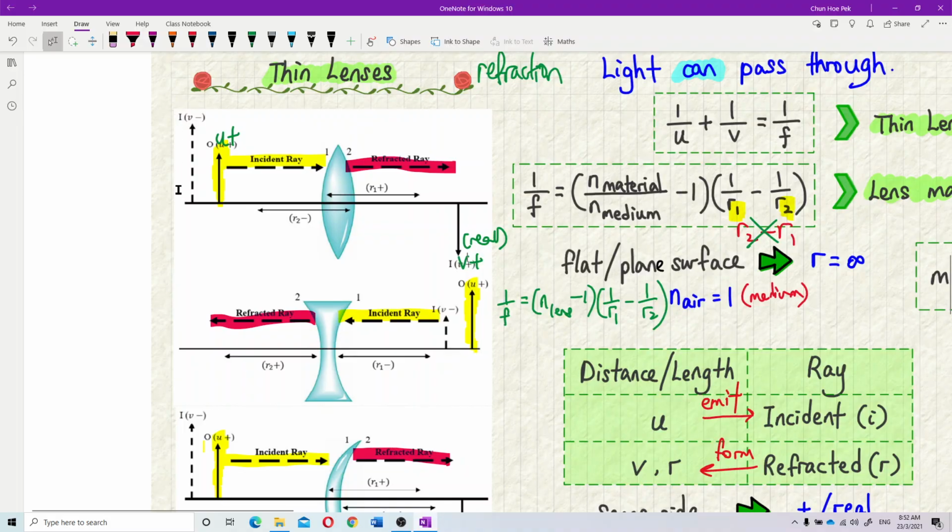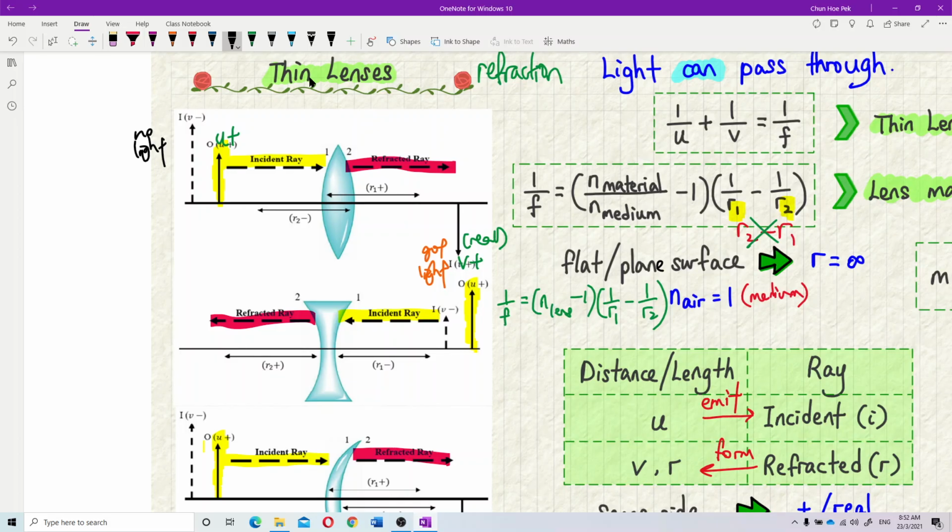And how about if the image is formed at this side? If formed at this side, it is formed at a place with no light. Just now here there was light, but here there is no light.